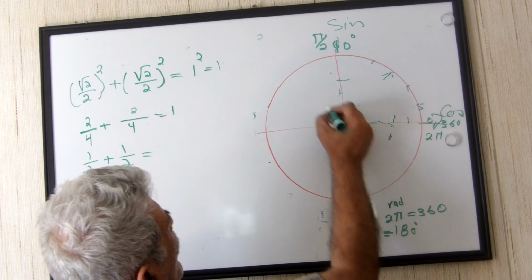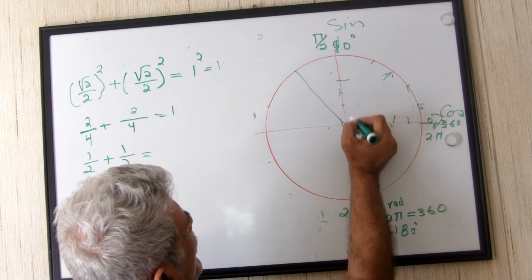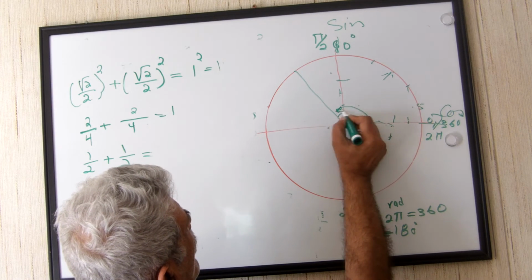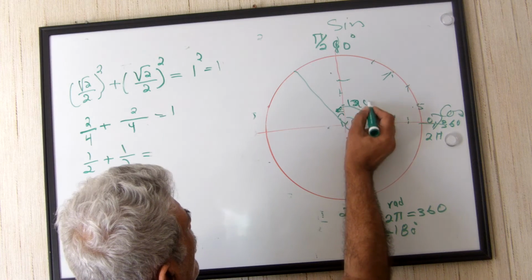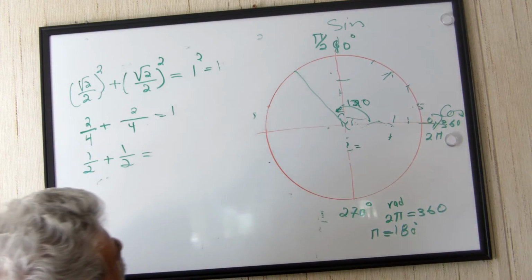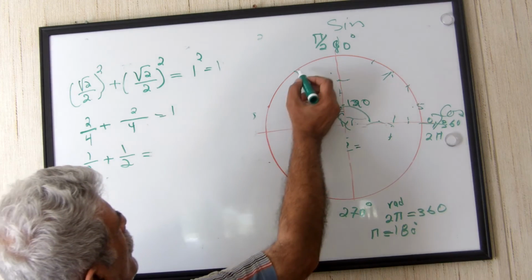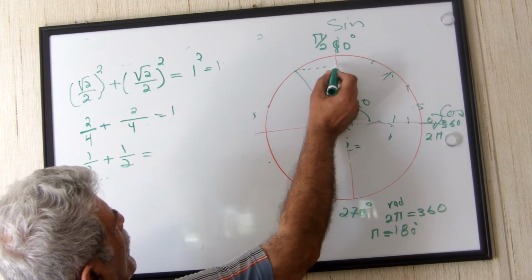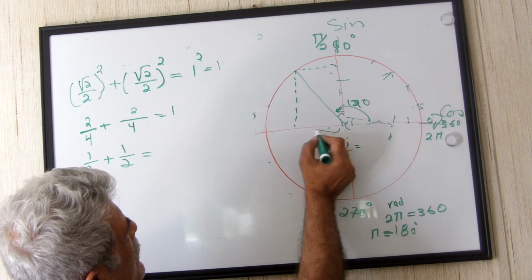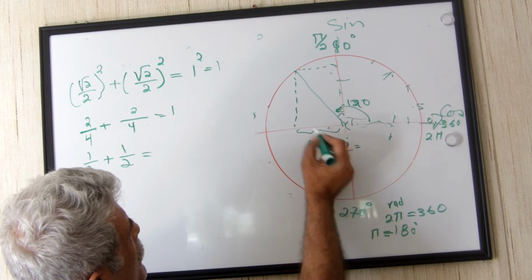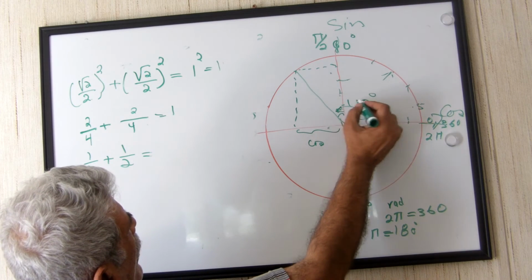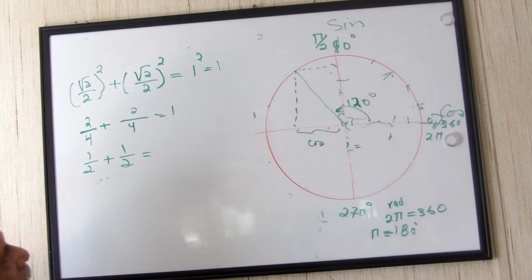Okay, how about 120? If we have 90 degree here, and then we add 30 degree here, it's going to be all together 120. If you want to find the sine of 120, how much is it going to be? The cosine component outside, this is cosine of this degree, 120 degree, and this is sine.